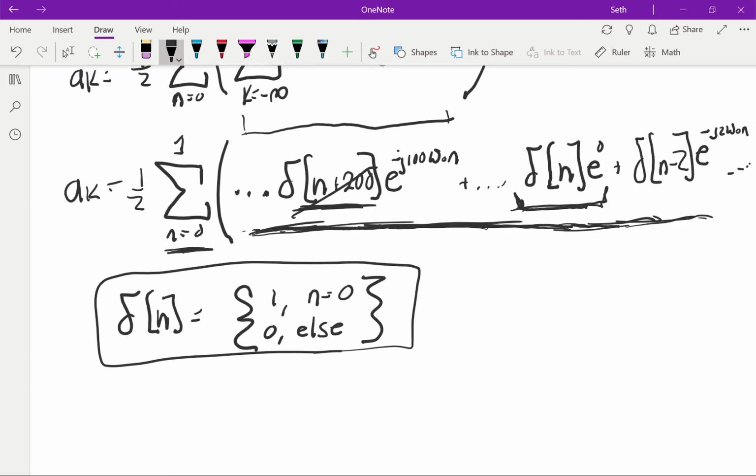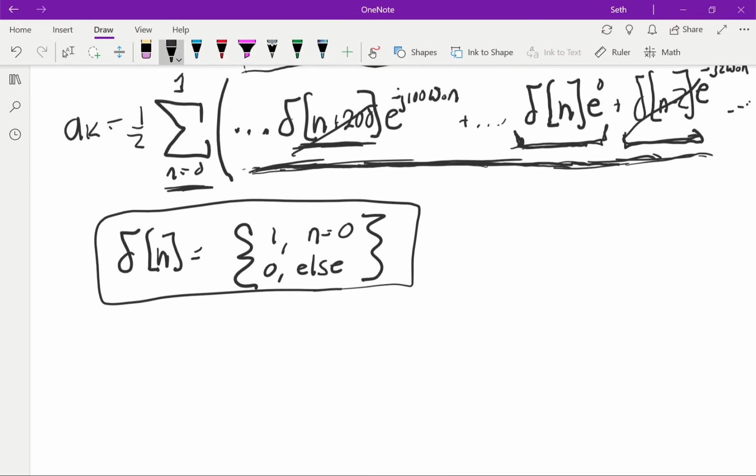And then the next term, delta n minus 2, we put n equals 0 here, we get delta minus 2, well, that's 0. So we write this down: a k equals 1/2, and the only term we got out of there was when we get delta 0, so e to the 0.